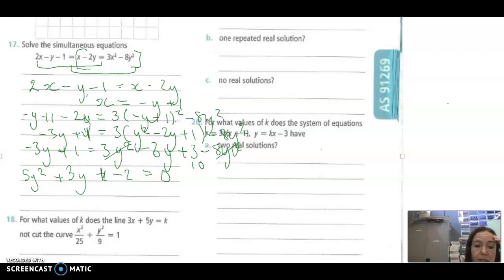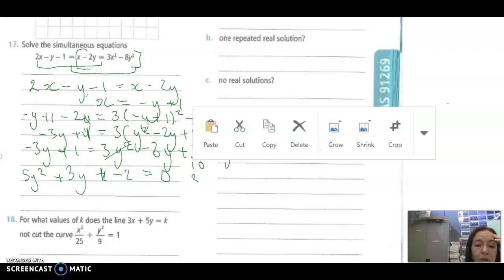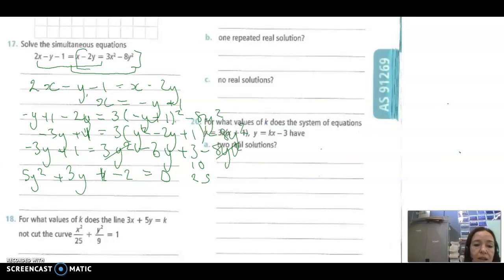So 10, and I'm going to use 2 and 5 to give me the 3. So 5y squared, I want a plus 3, so it's going to be plus 5y minus 2y minus 2 equals 0.